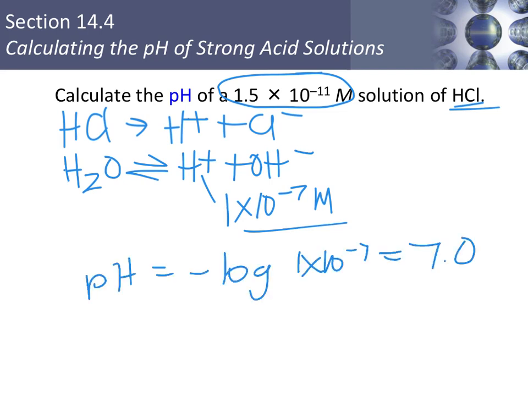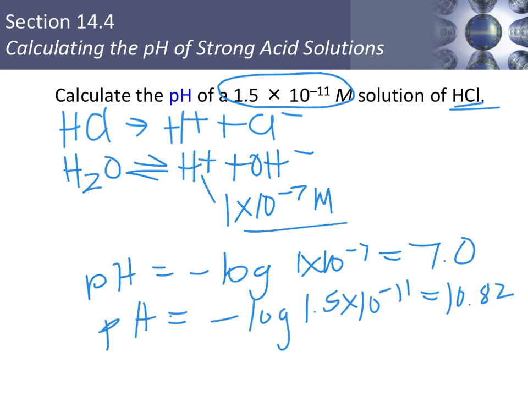So pH equals the negative log of 1 times 10 to the negative 7th molar. This is the higher concentration of hydrogen ion, and so we get a pH of 7. If we use the 1.5 times 10 to the negative 11th, we get a pH of 10.82. This doesn't make sense as a pH for an acid.